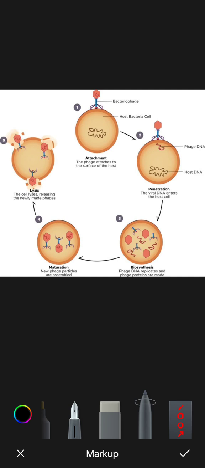When the minute holes are formed, the contraction of the contractile sheath occurs. Upon the contraction of the contractile sheath, the viral genome is transferred into the host cell.